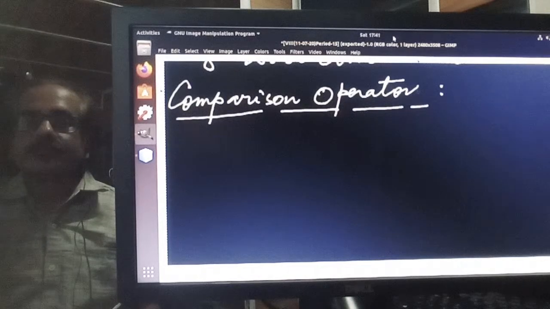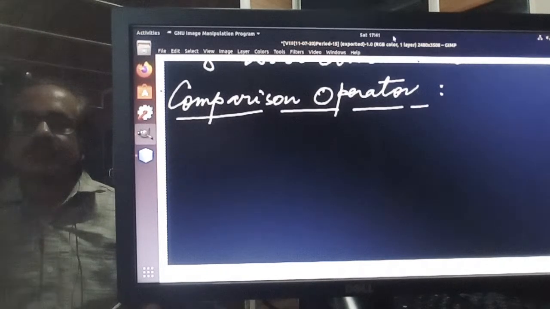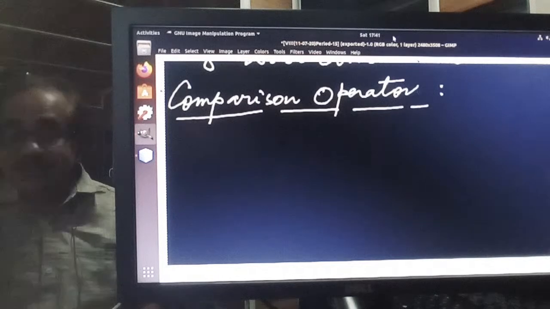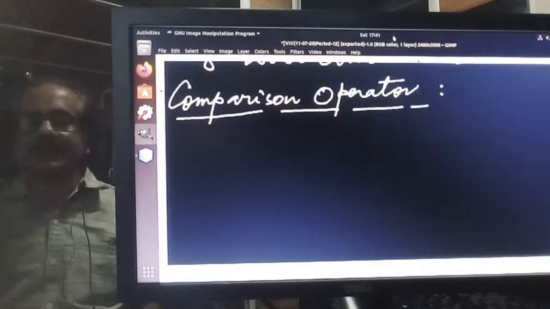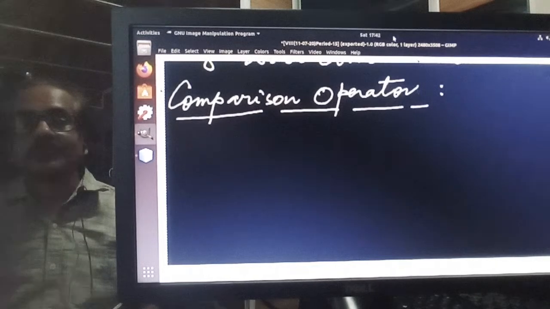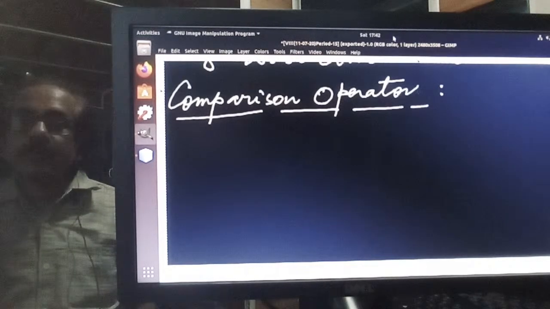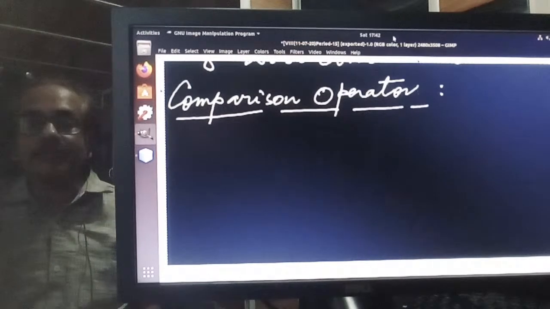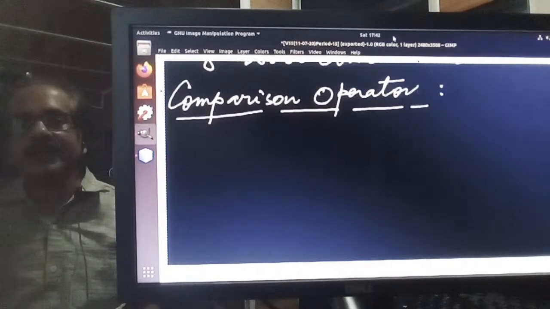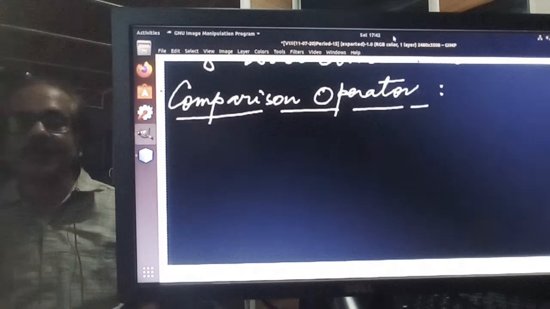Now, comparison means what? To assume, to estimate, to justify the level of difference between the two. Quantity-based level of difference you are doing in comparison. Value-based difference you are finding in the process of comparison.